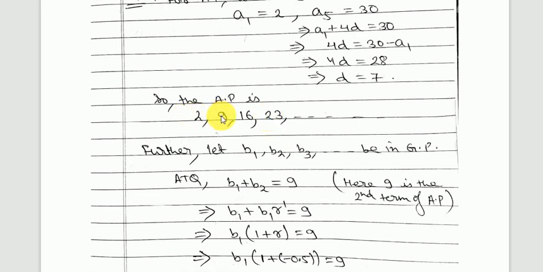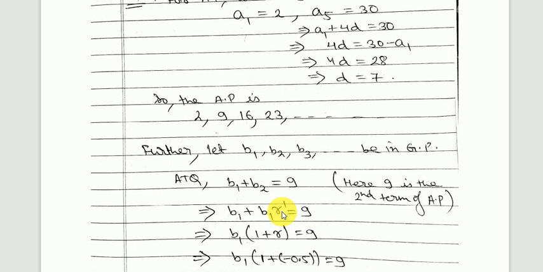Further, let B1, B2, B3 and so on be in GP. So according to the question, the sum of the first two terms of this GP will be equal to 9. Now, this is the first term of the GP, B1, so simply B1. The second term, B2, can be written as B1 R to the power 1, equal to 9. R, you know, is minus half.